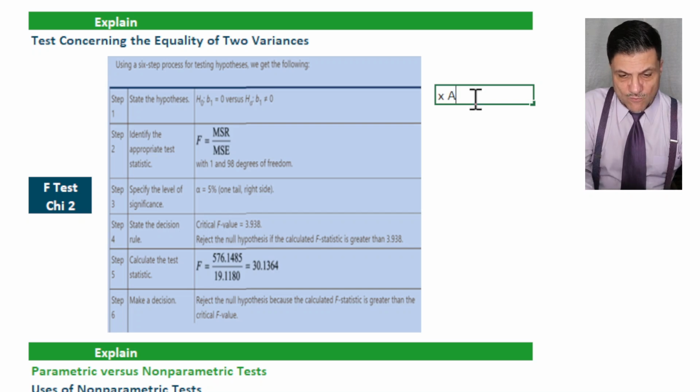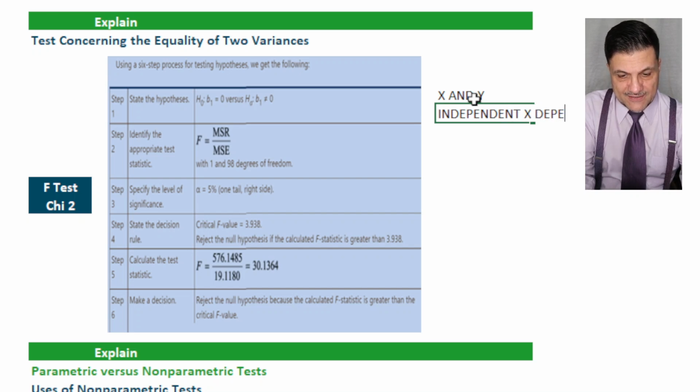For X and Y. What do you mean, X and Y? Independent versus dependent variables.